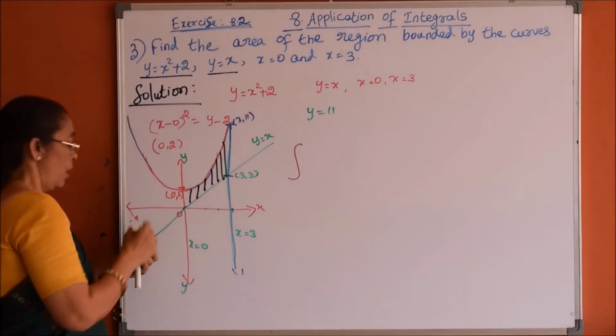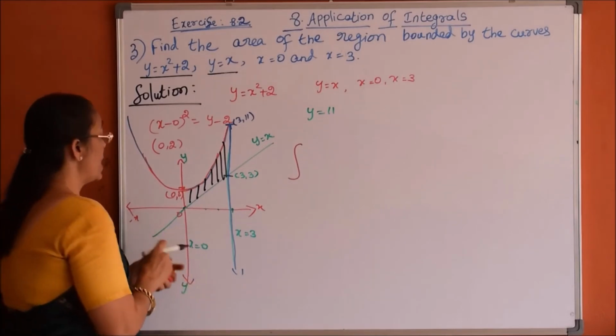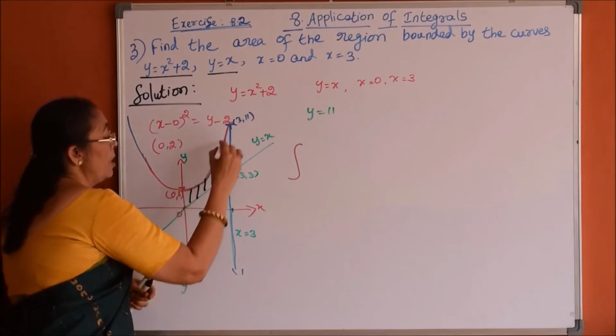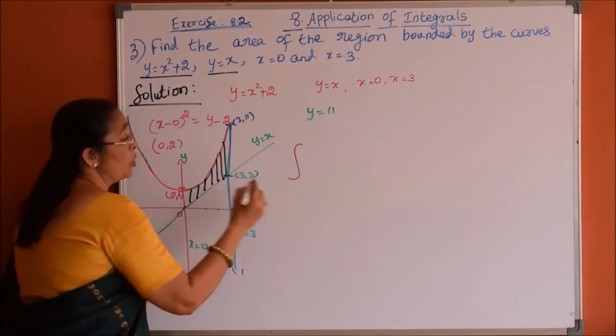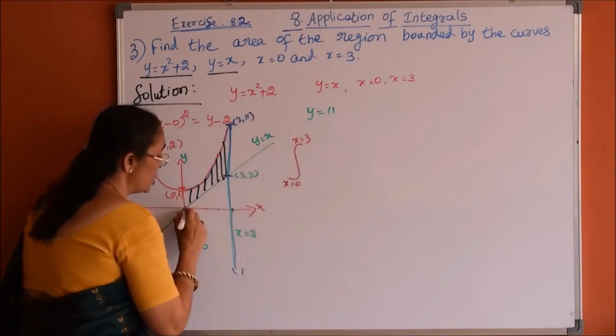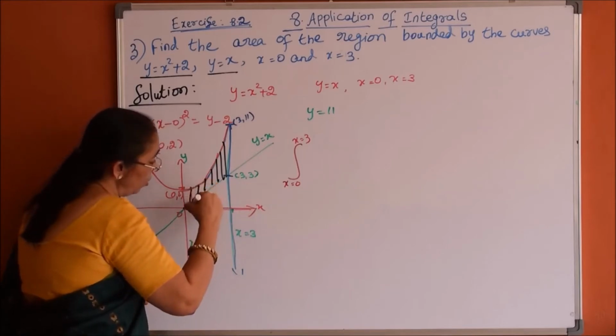So how will we get this area? This area is nothing but the area covered by the parabola in between the lines x is equal to 0 and x is equal to 3 with the positive direction of the x axis. With the x axis will give the complete whole area.